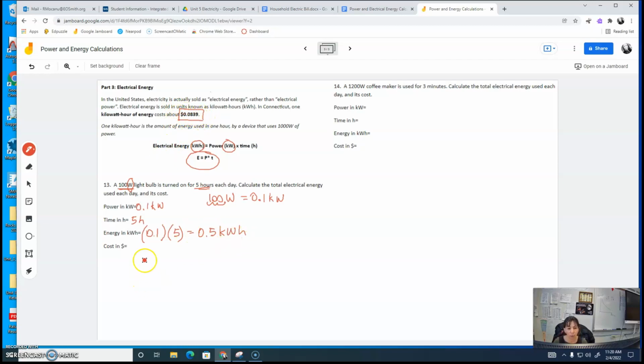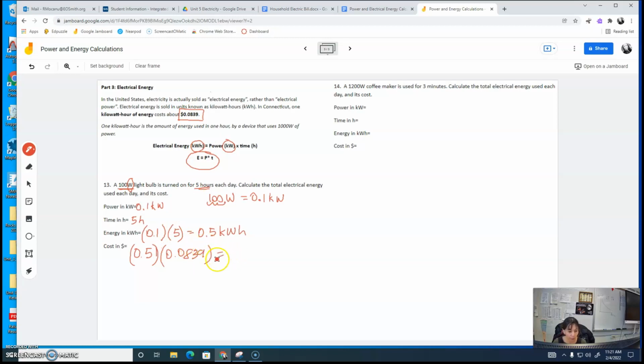So how do I find out my total cost that I have to pay for this light bulb for 5 hours? Well, I'm just going to take my energy that it's using, 0.5 kilowatt hour, and multiply that by the cost that the electrical company is charging me for energy.